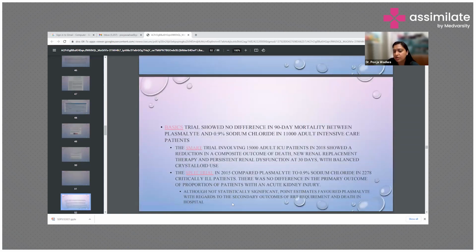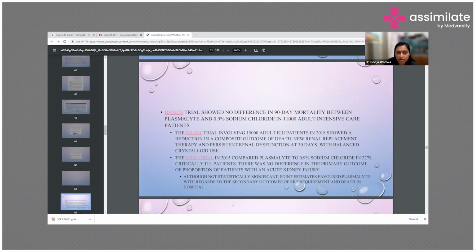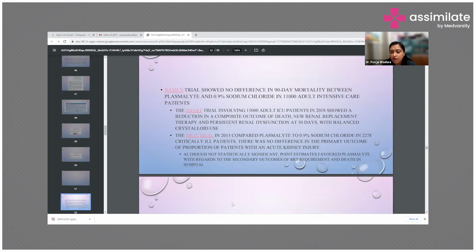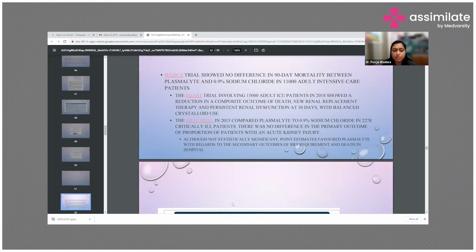This trial showed no difference in mortality between Plasma-Lyte and normal saline. The SMART trial showed a reduction in the composite outcome of death, renal replacement therapy and renal dysfunction at 30 days with balanced crystalloid use.